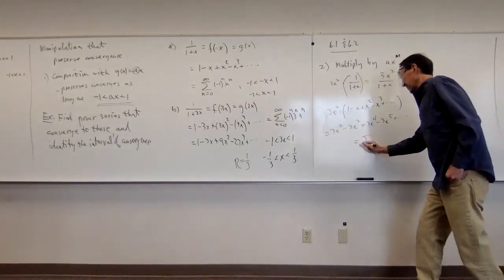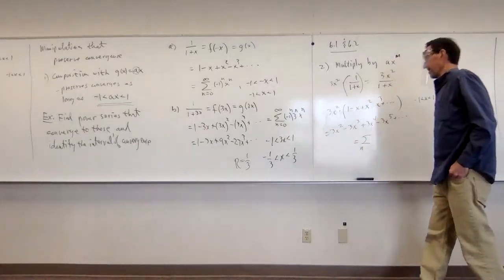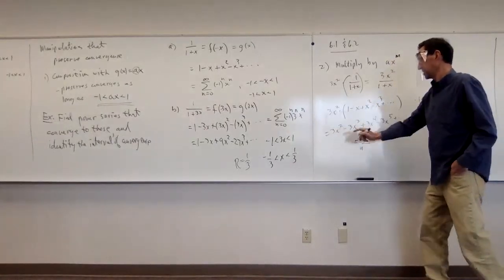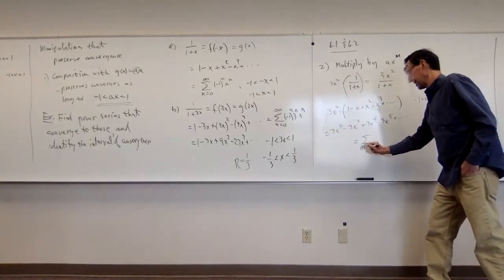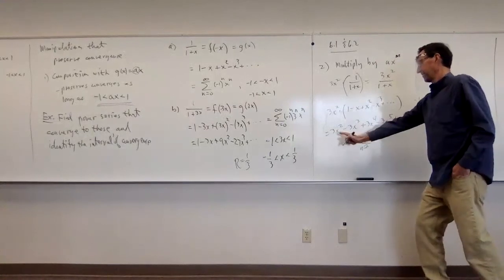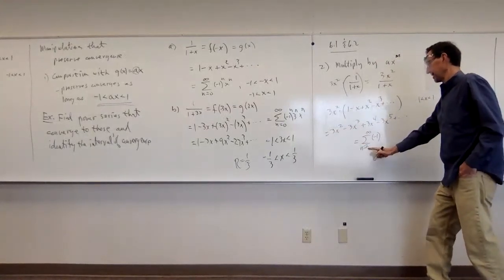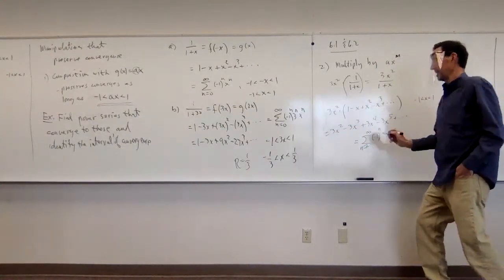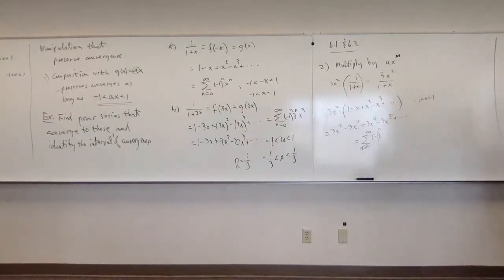And it's always good for us to write it in sigma form. Notice the powers start at 2. So let's start our index at 2. They alternate. The first term is positive. The first index value is even. So I can just say negative 1 to the n. That's going to start positive and then turn negative, back and forth.